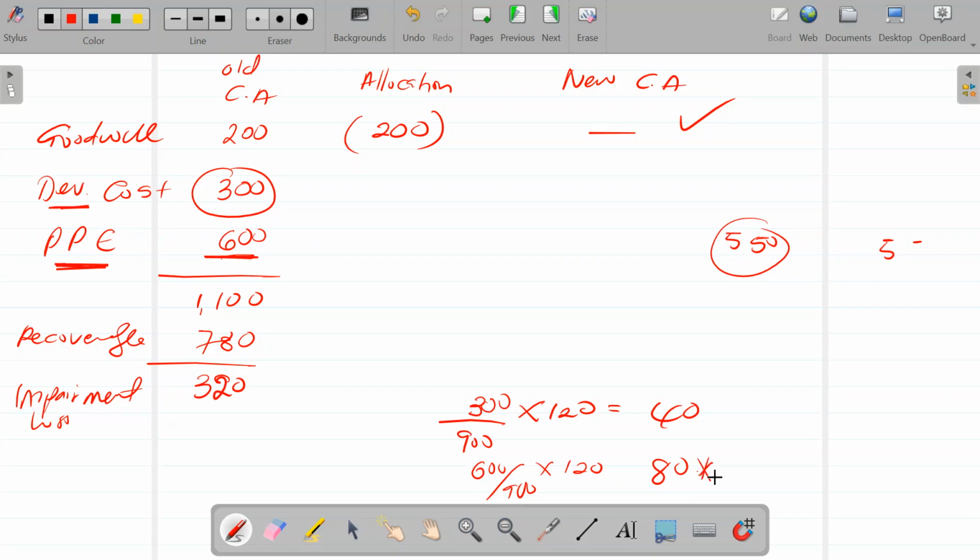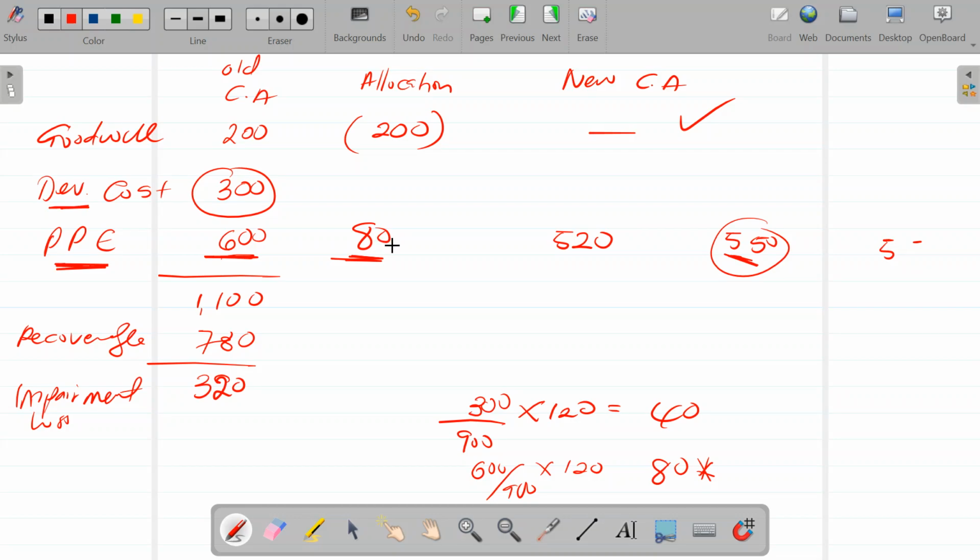Now, if we allocate 80 to the 600 PPE, we are going to get 520, which is less than the restriction. So you mean we cannot allocate all the 80 to the PPE. So how much can we allocate?